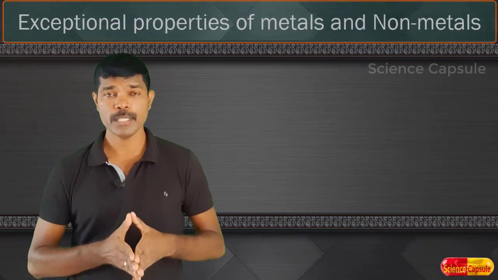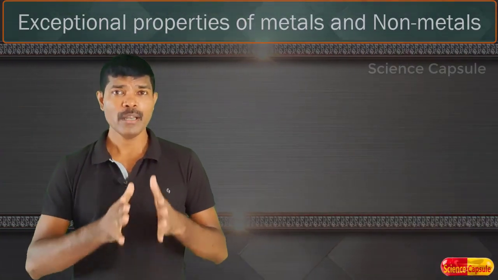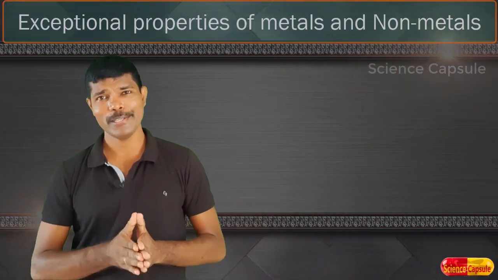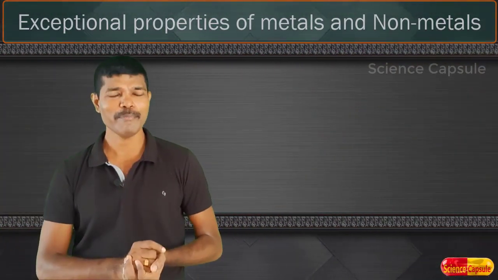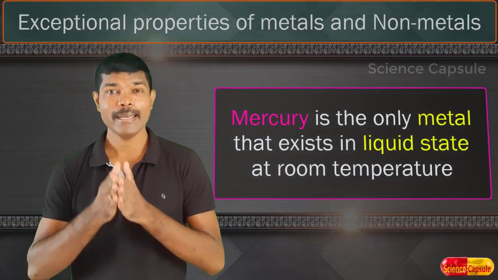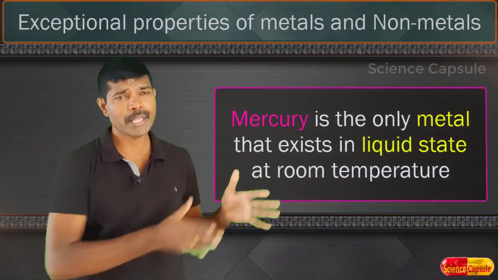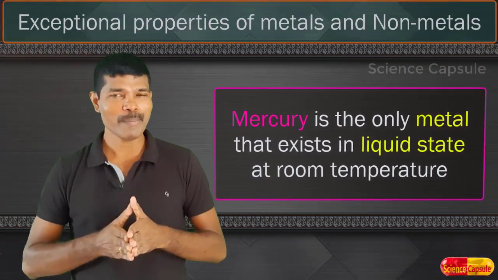In the beginning we have seen that metals exist as solids in nature, but not all the metals do, except one metal. Can you name it? Yes, mercury is the metal which exists in a liquid state at room temperature, whereas all other metals are solid at room temperature.